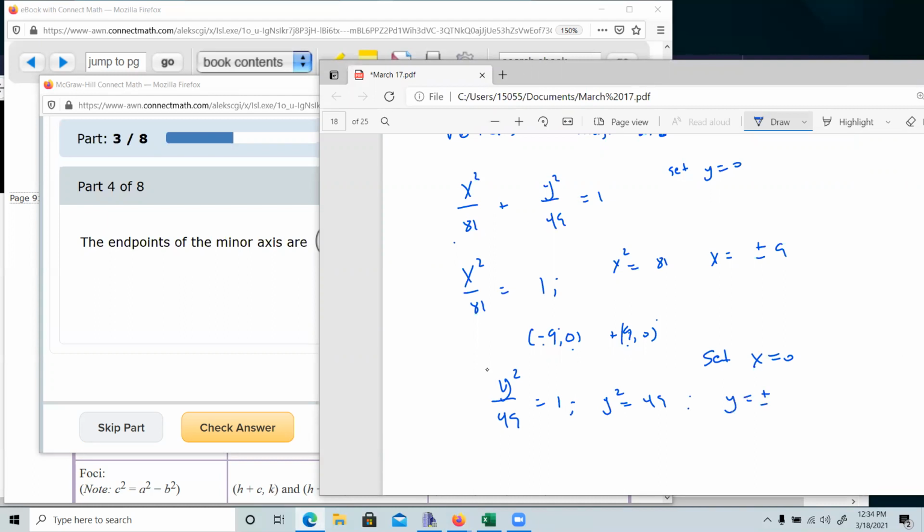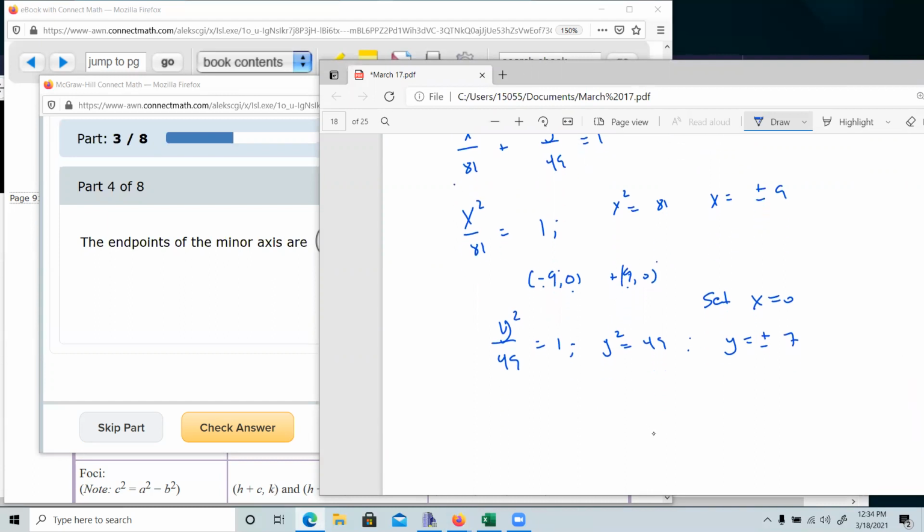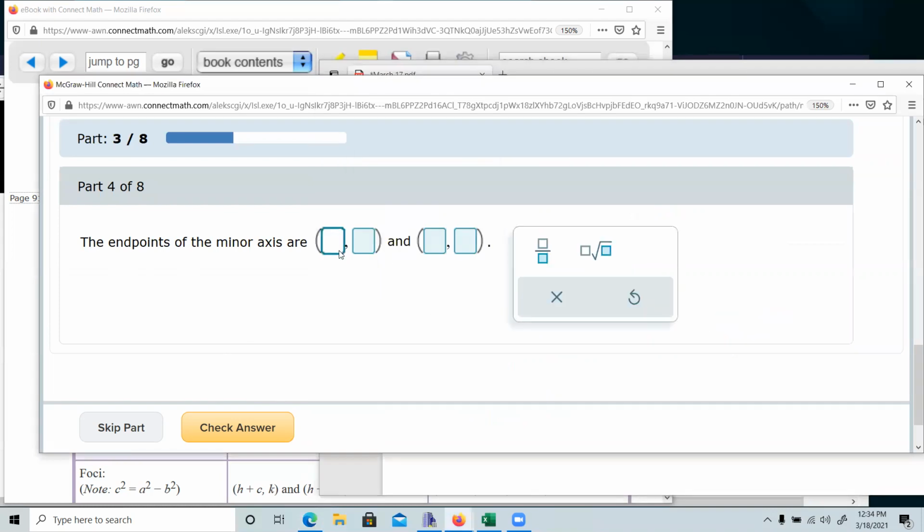Y is equal to plus or minus 7. So these are the y values. We are at 0 again, because the center was (0, 0): (0, 7) and (0, -7). So that's my minor axis, the smaller one. The book is not going to care which order you put these in.